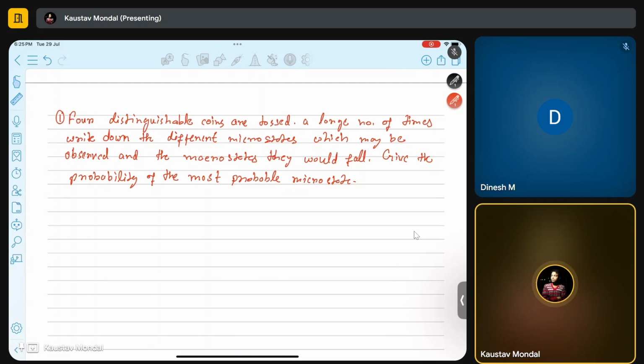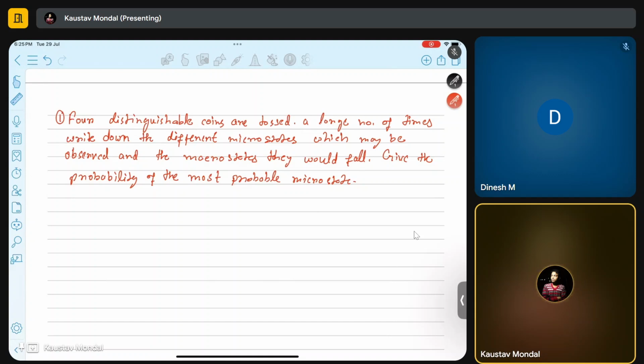So basically you have 4 distinguishable coins, which means each coin is different from the others. In case of an identical coin, which means indistinguishable, the problem would be different.